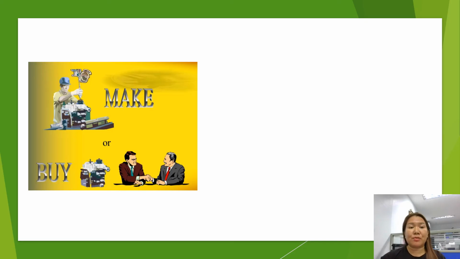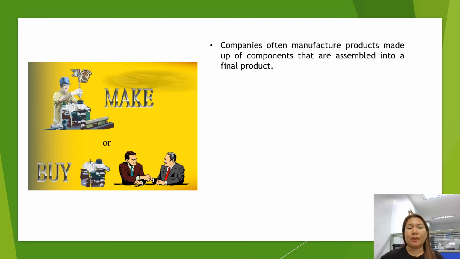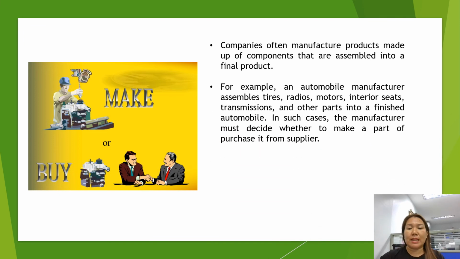The last topic for differential analysis that I will be discussing tonight is make or buy. Companies often manufacture products made up of components that are assembled into a final product. For example, an automobile manufacturer assembles tires, radios, motors, interior seats, transmission, and other parts into a finished automobile.